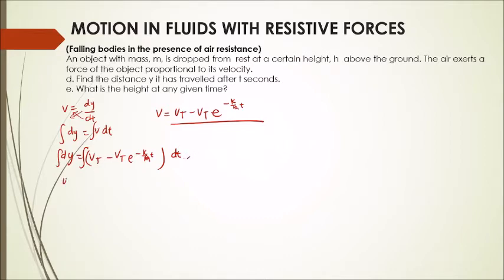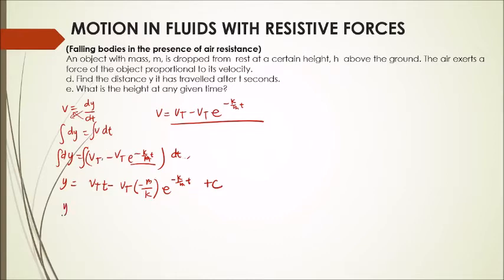So, we have y here equal to v_t minus this expression v_t times the inverse here. The inverse of this, the denominator, becomes m over k times e to the negative k over m times t plus c. So, there is a common term, this v_t here.